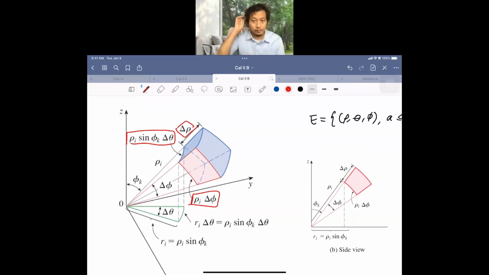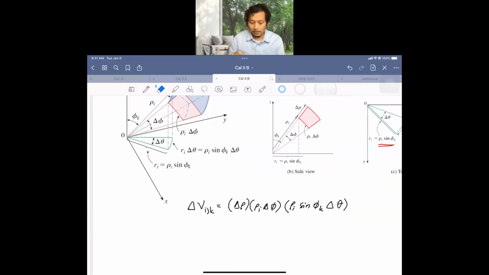We multiply these to get the volume of a rectangle, because we treat this small piece from our sphere as a rectangle.